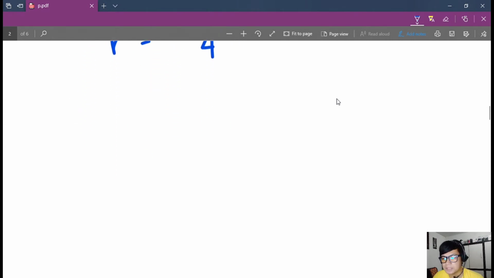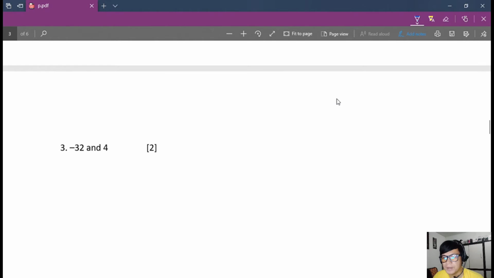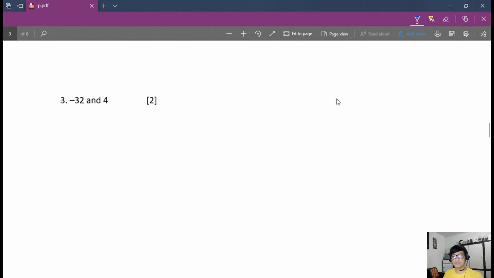Okay, let's proceed. For number 3, we're going to insert two terms between negative 32 and 4. So there are two terms. So we're going to find the two geometric means.